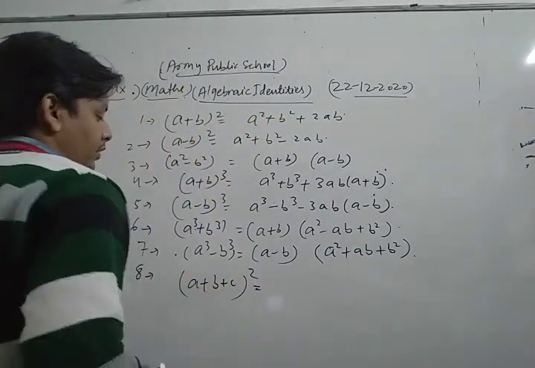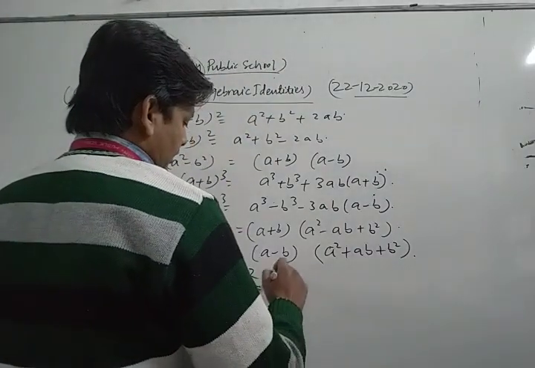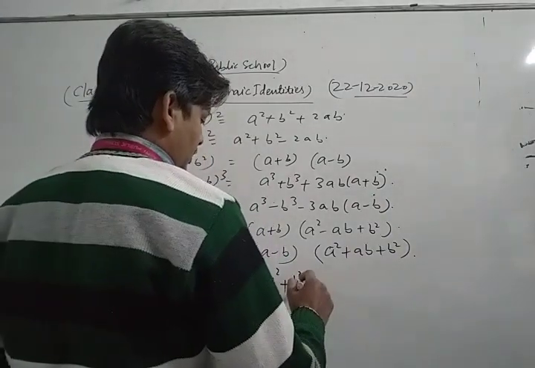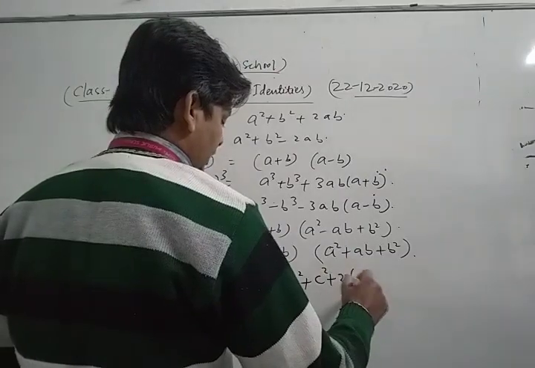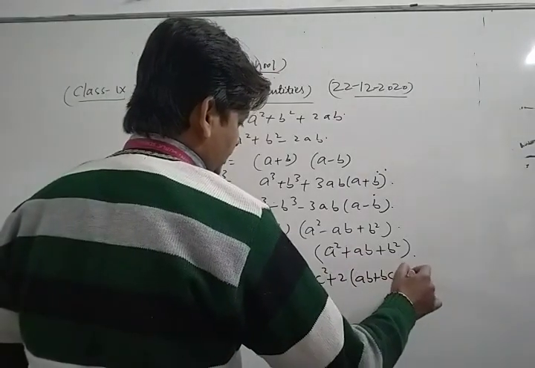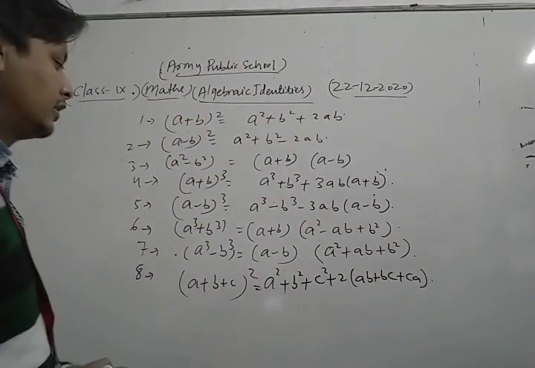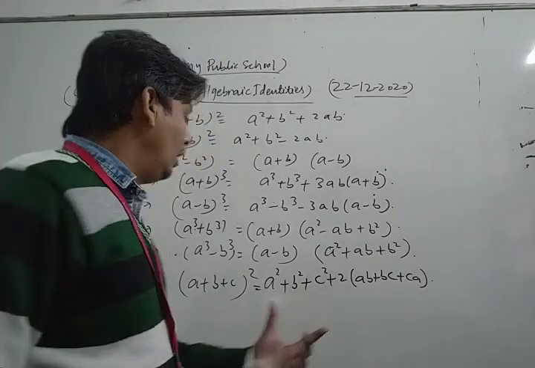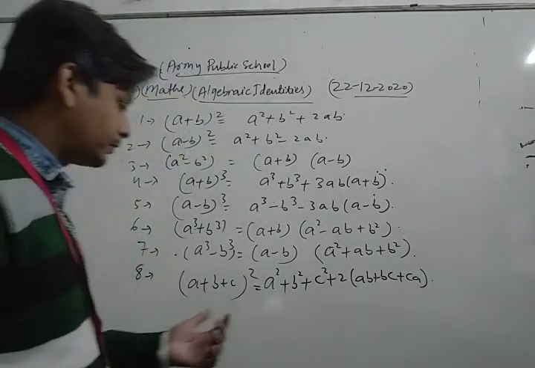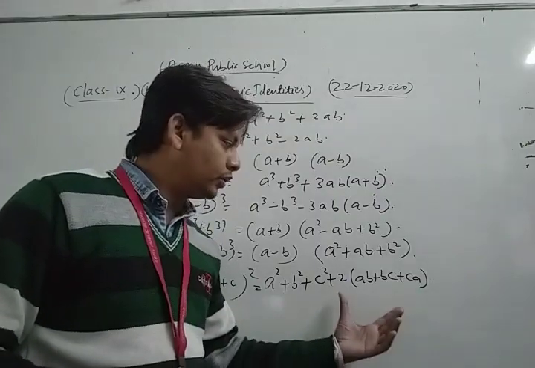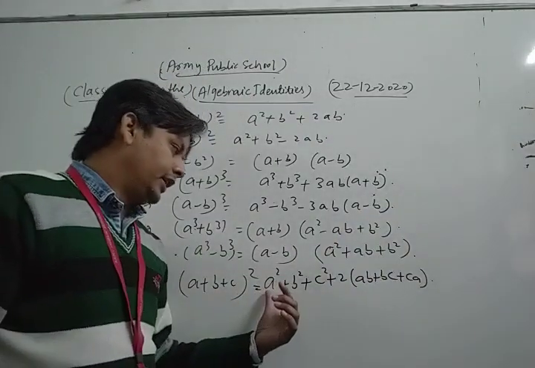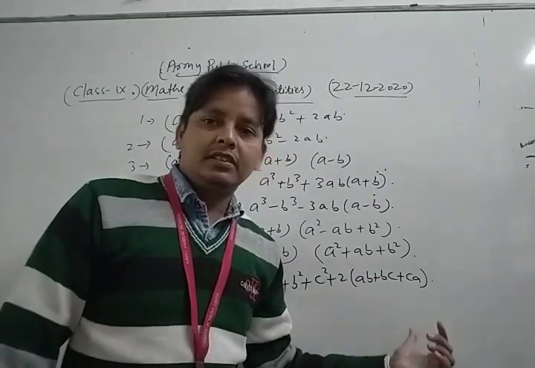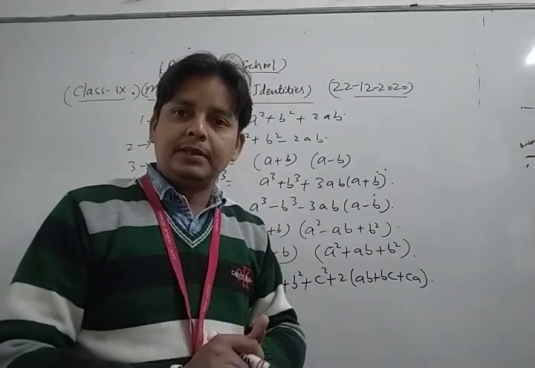The formula for a plus b plus c whole square is a square plus b square plus c square plus 2 times ab plus bc plus ca. This is one of the most important algebraic identities of your syllabus.